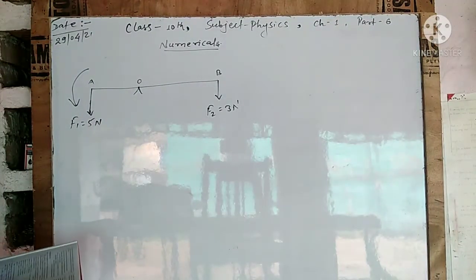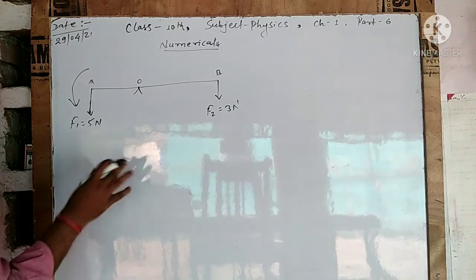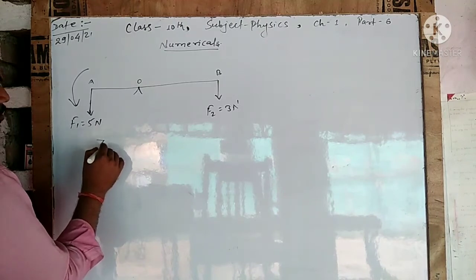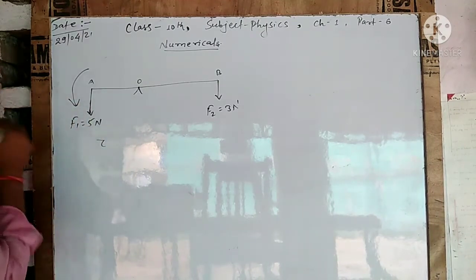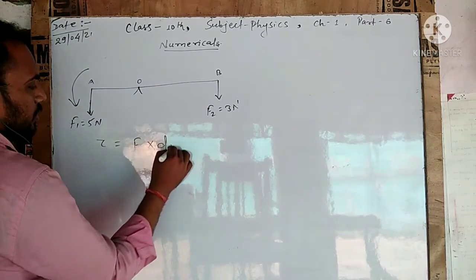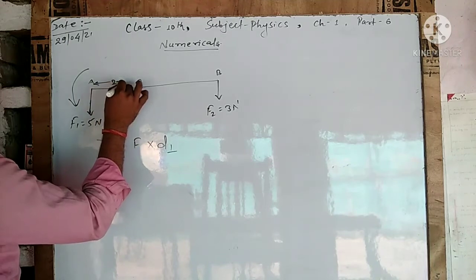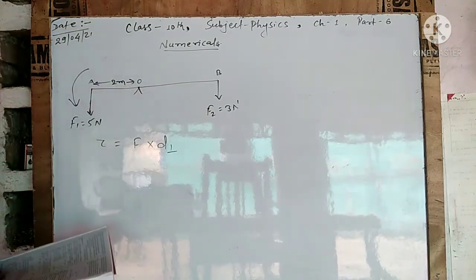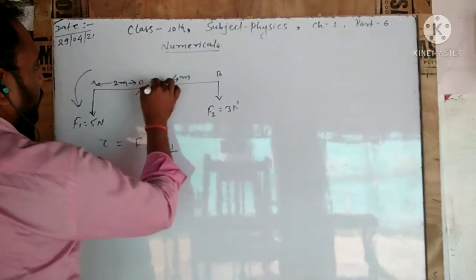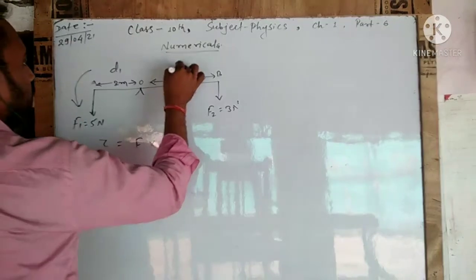Just calculate. For moment we have to apply the force. Moment is equal to force into perpendicular distance. This will be the perpendicular distance, that is 2 meter here, and this will be the other perpendicular distance, that is 4 meter here. Let's say this is d1 and this is d2.